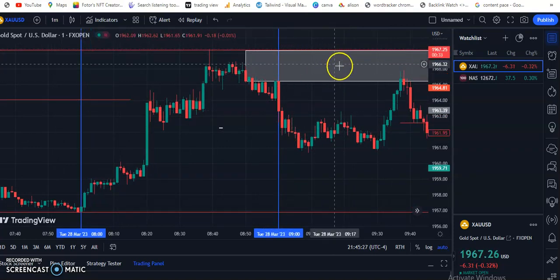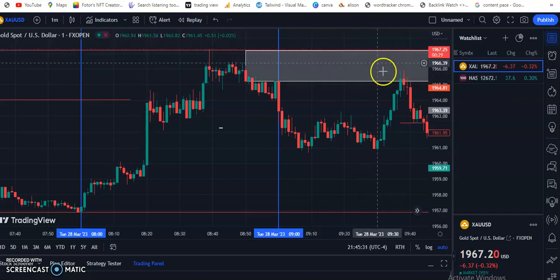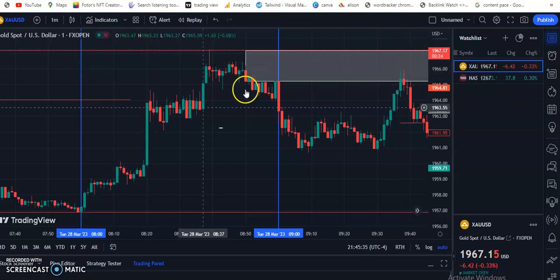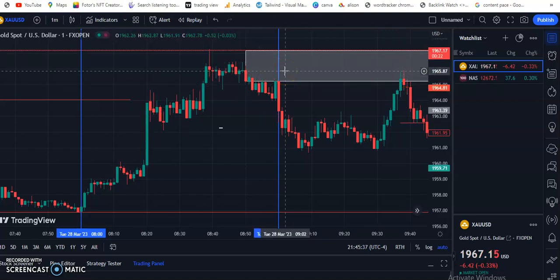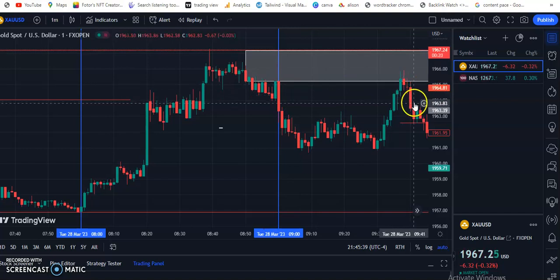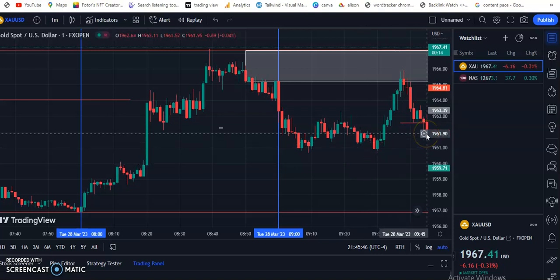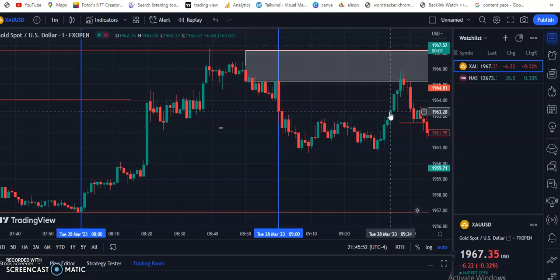So we have come back to this area. We've already triggered this zone. Now, it did not give us a direct setup above that. So, in my mind, this is now a type 2 setup.